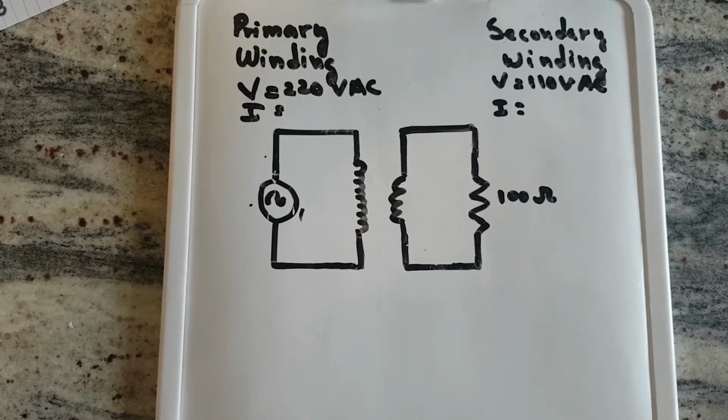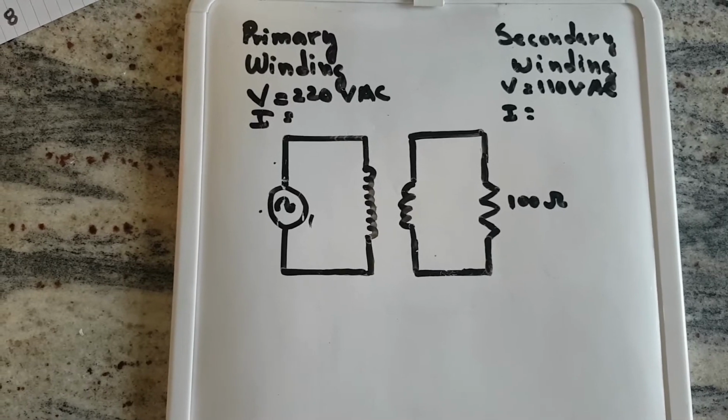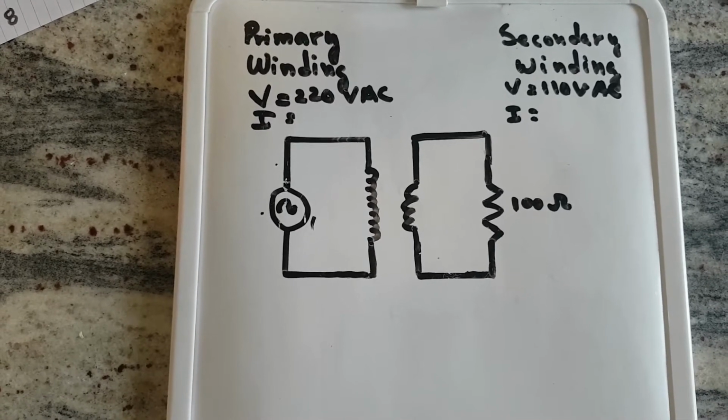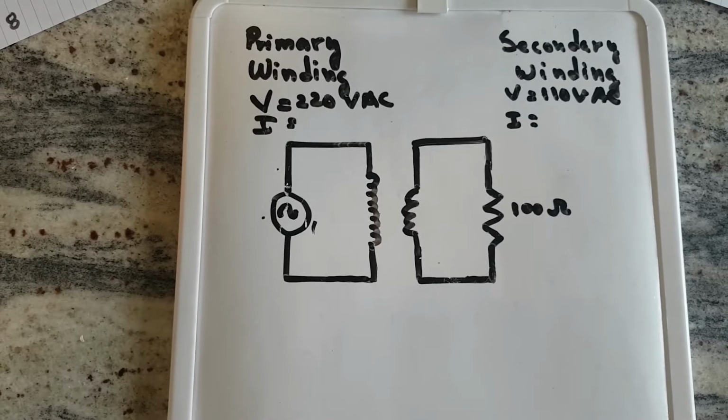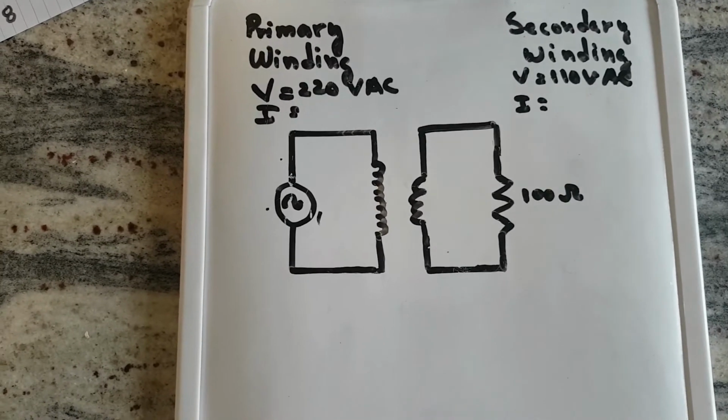Okay guys, now that we know basically how a single phase transformer works, we are going to do a quick example so you guys have a better understanding on how to do some basic calculation.